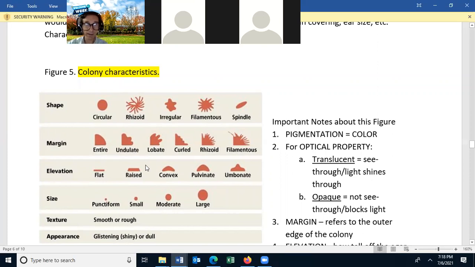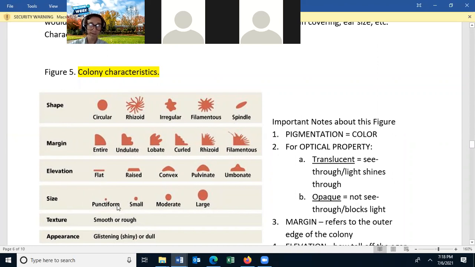To see the elevation, you usually have to take the lid off the petri dish and then look at the colony at an angle. Simply looking at the top or the bottom of the plate will not tell you the elevation.